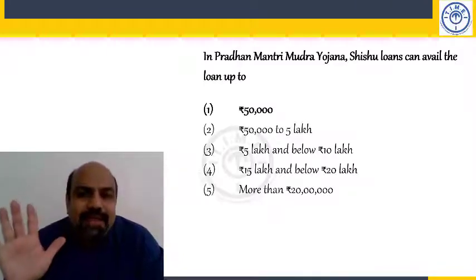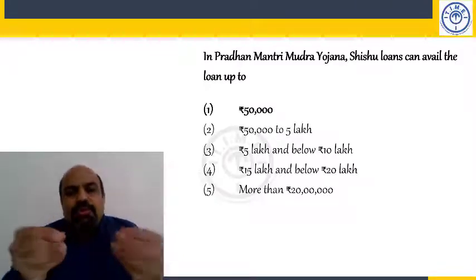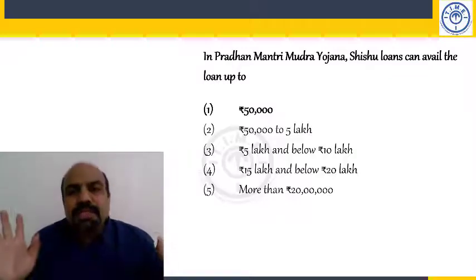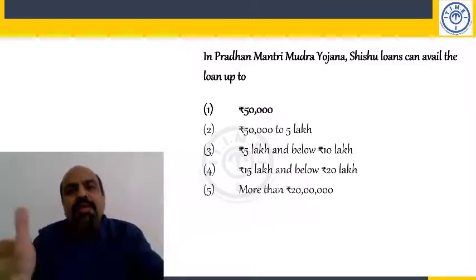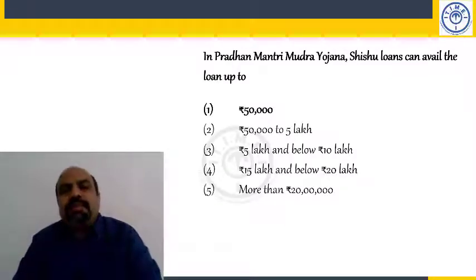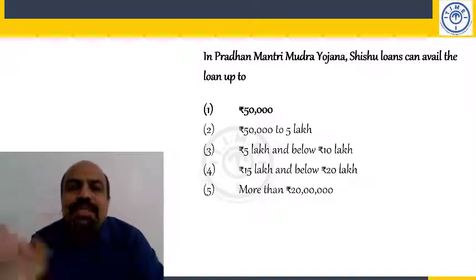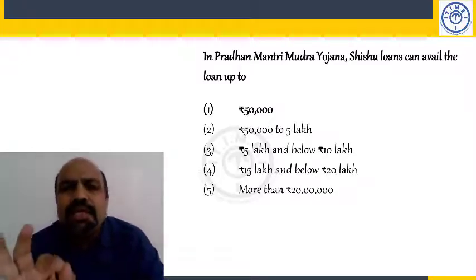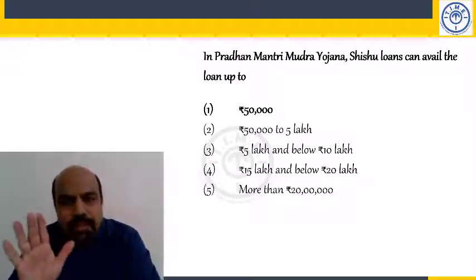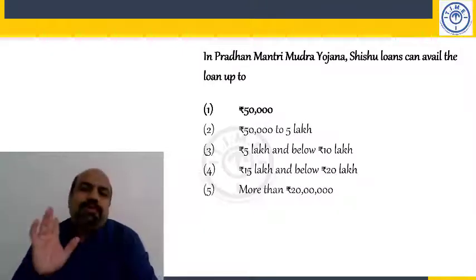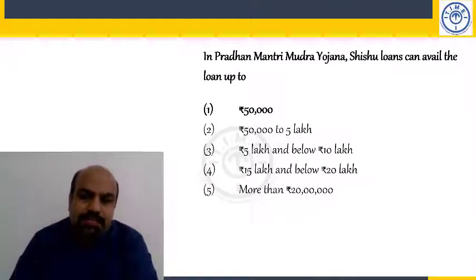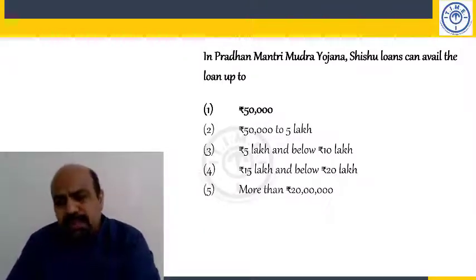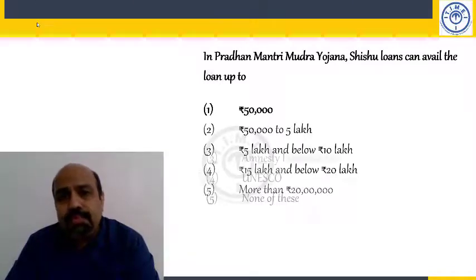If the bank had charged 8% interest when I took the loan, the government now gives a 2% discount, so the government charges only 6%. That's it. There are a lot of benefits.